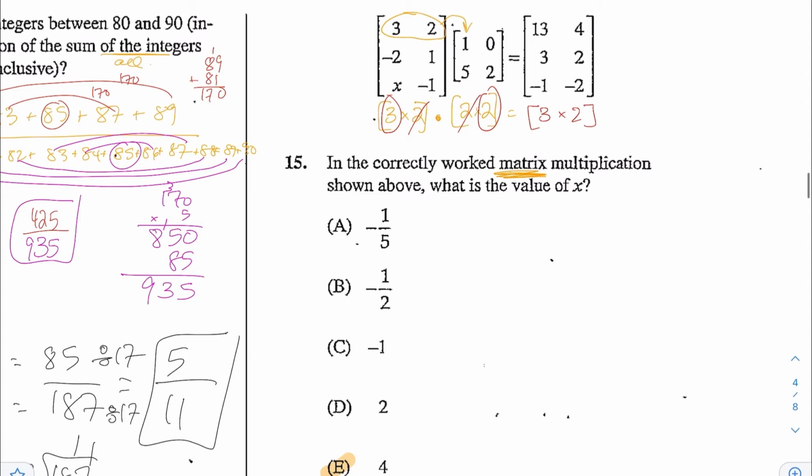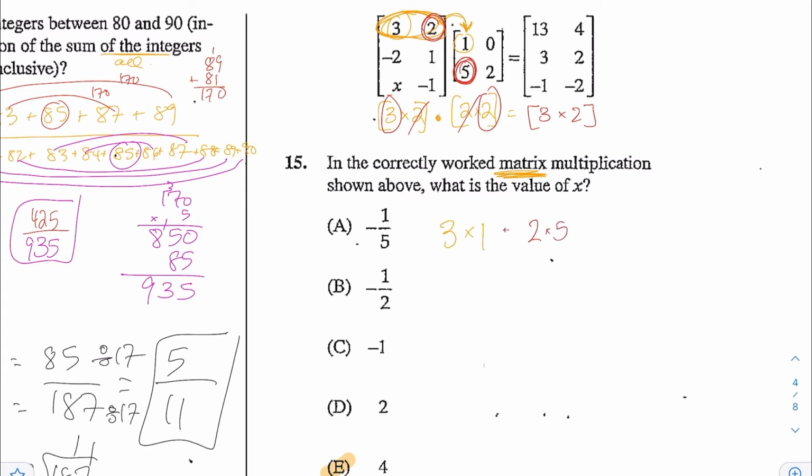So, for example, 3 by 2 multiplied by 1 and 5. You take the 3 and multiply by 1, and then you take the 2 and multiply by 5, and you add them up.